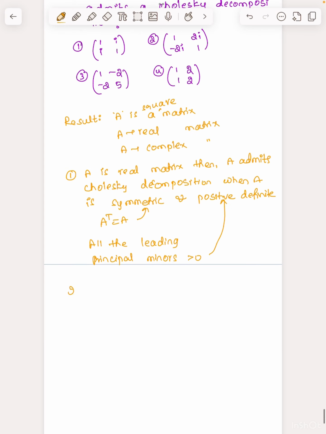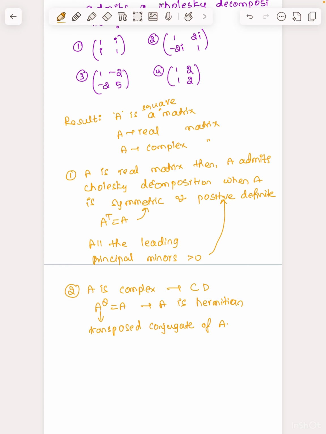Suppose A is a complex matrix. Then A admits Cholesky decomposition only when A theta is equal to A, that is, A is Hermitian. A theta is nothing but the transposed conjugate of A. That means you take the conjugate of each element of A and then take the transpose of that matrix.